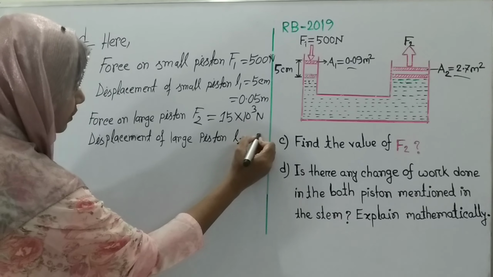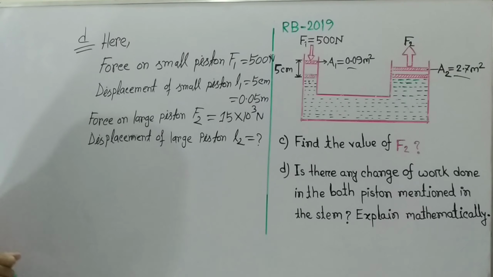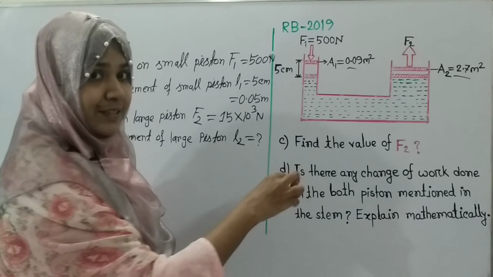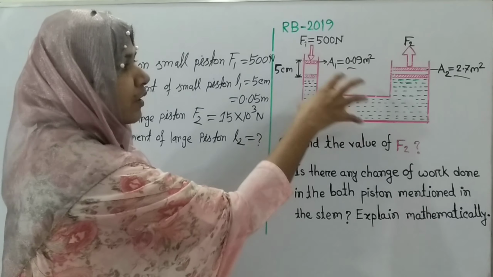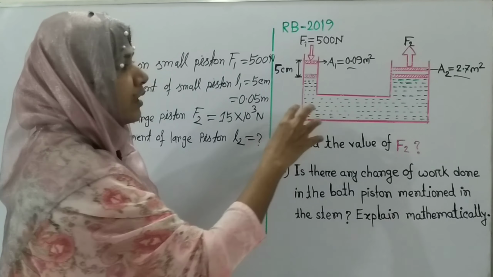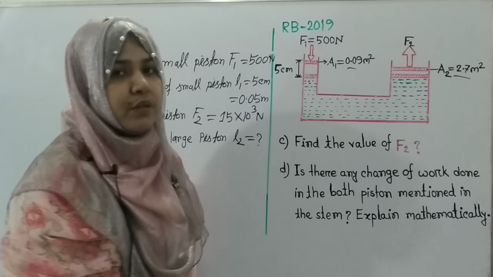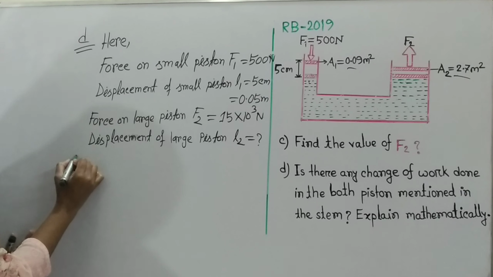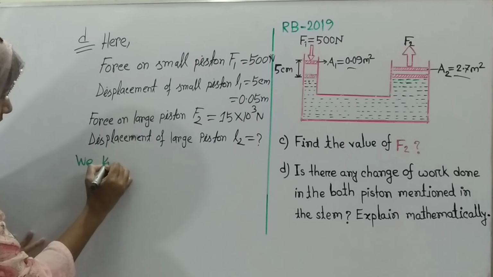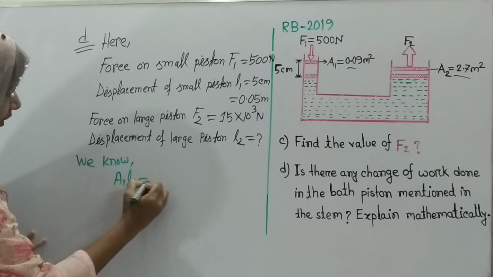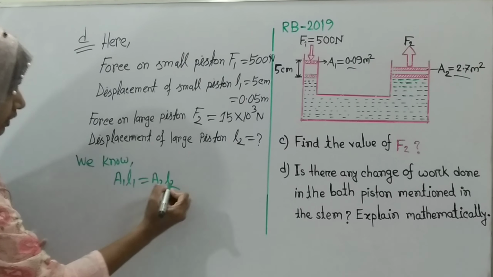L2 equals what? Now here you can see that the liquid which is filled in that machine is incompressible. That means the volume of the liquid that is on the small piston will be equal to the volume of liquid of the larger piston. So we can write that A1 L1 equals A2 L2.